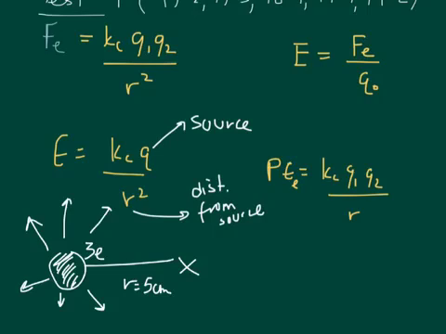So if I had a sphere with 20 coulombs of charge, you take 20 coulombs divided by 1.6 times 10 to the negative 19 coulombs per electron, giving you the number of electrons that make up that charge. Remember, realistically, every charge is a multiple of the fundamental constant e.